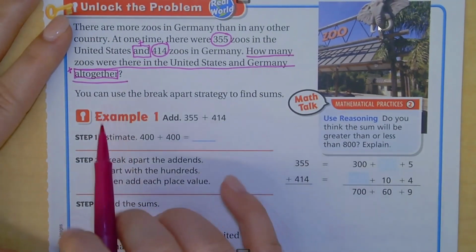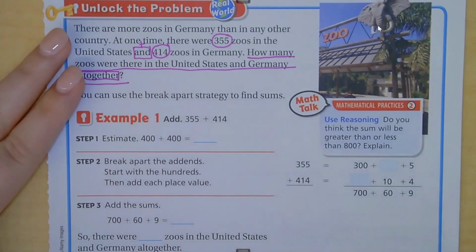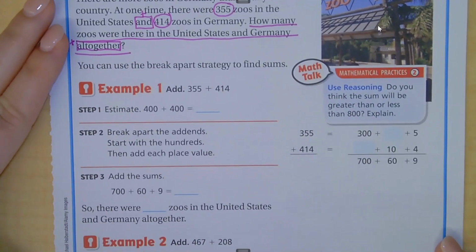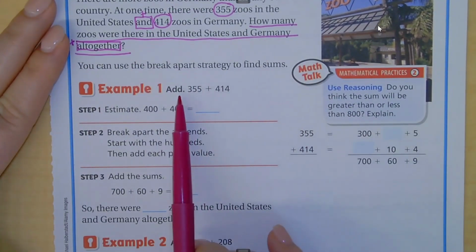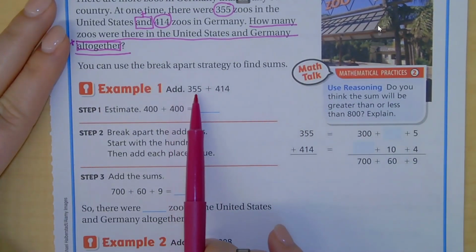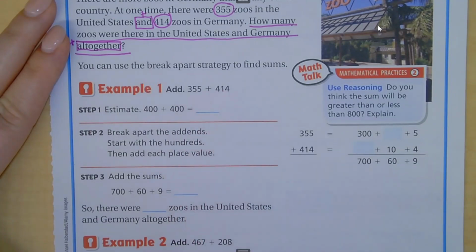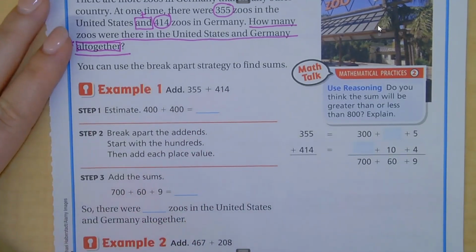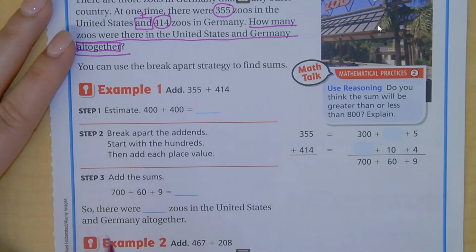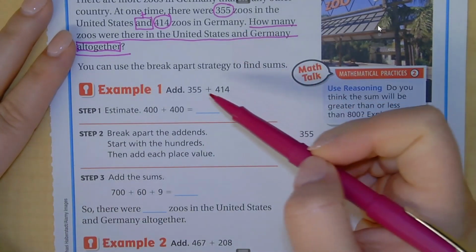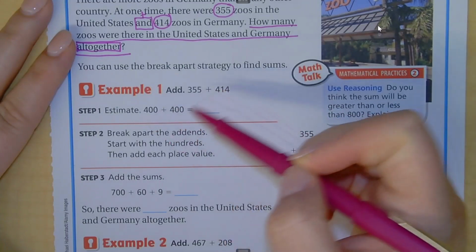So they want us to use the break apart strategy to find sums. All right. So here's your problem. We're adding 355 plus 414. The first thing they want us to do is to come up with our estimate, which we have been doing in previous lessons. They have already rounded this to the nearest 100 for you.